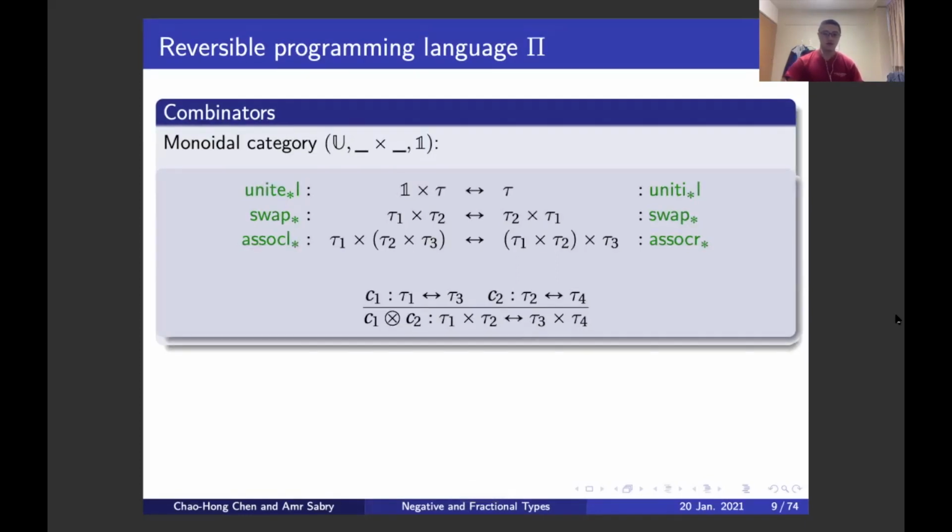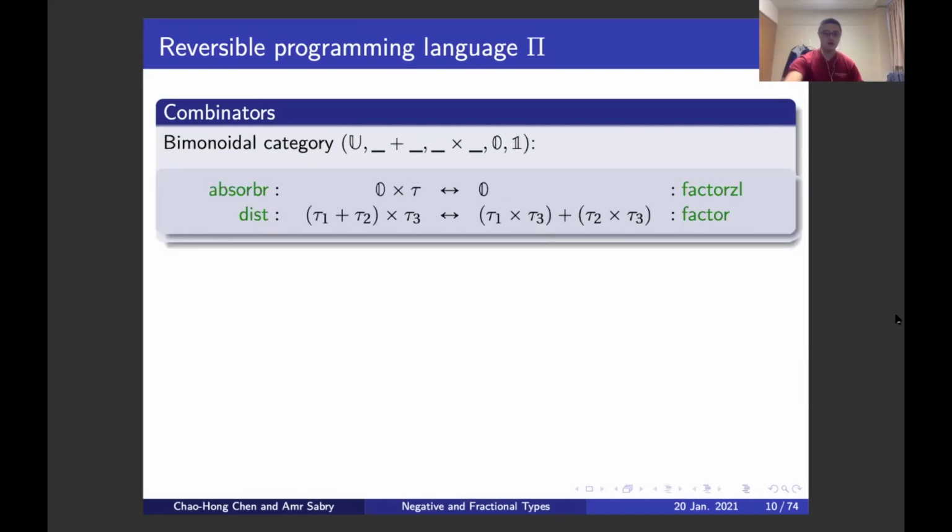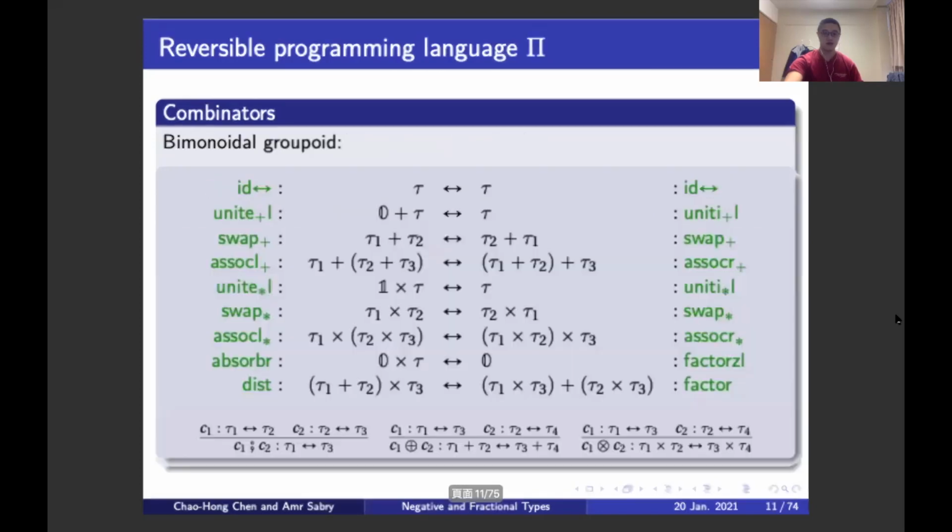And similar for the product types. And in the end, we also have these two rules from bimonoidal category. Putting all this together, we have a bimonoidal groupoid. So Pi basically provides the minimum requirement for what we need to do for our development.